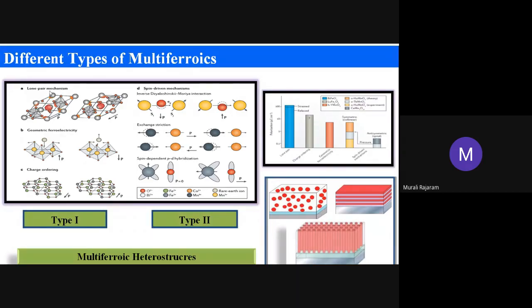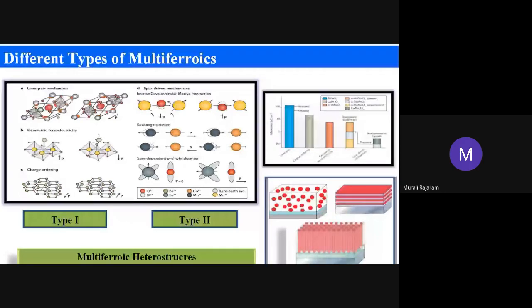For example, in the lone pair mechanism, your electric polarization comes from the A site ion, and your magnetic polarization comes from the B site ion. Okay. And in the class of materials called geometrically ferroelectric materials, the arrangement of atoms is geometrically frustrated, which induces the ferroelectricity. If time permits, I will also give some examples on this.